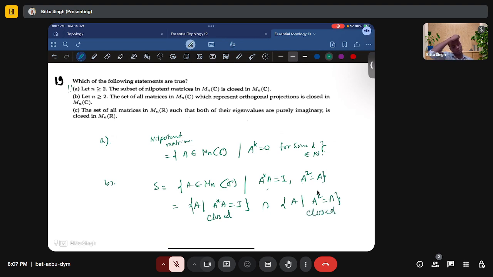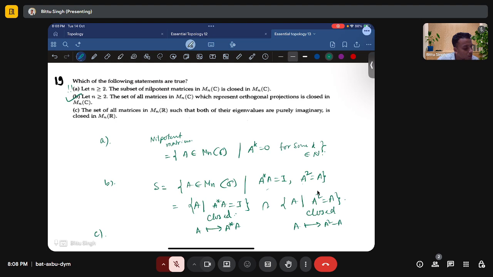We just consider the function A goes to A star A, and in this case A goes to A square minus A. So this is f inverse of 0, this will be f inverse of identity. So those are closed, being the inverse image of a singleton set which is closed, therefore closed. So B is okay.